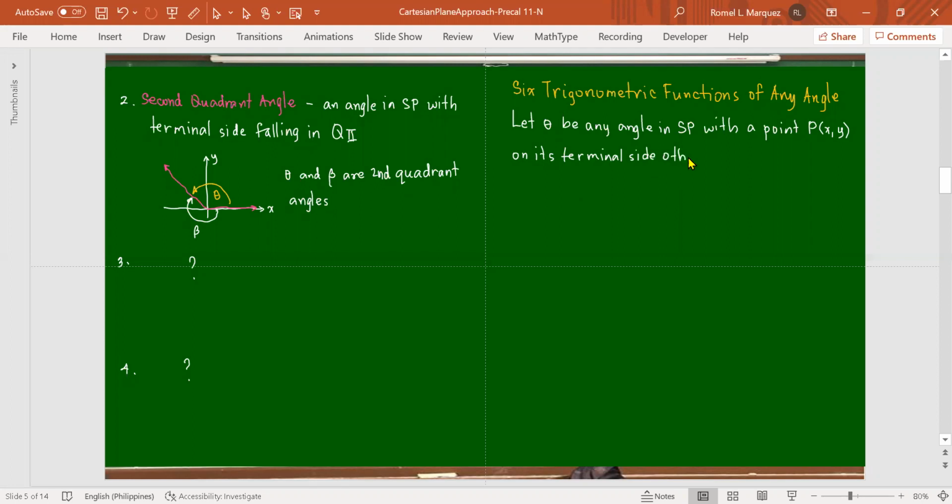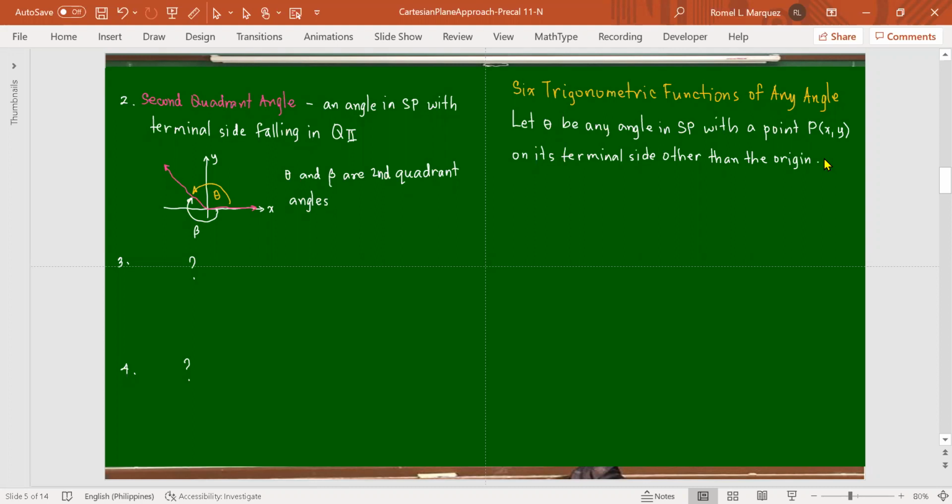What do you mean by other than the origin? Meaning that P cannot be the origin. Is that clear, guys?